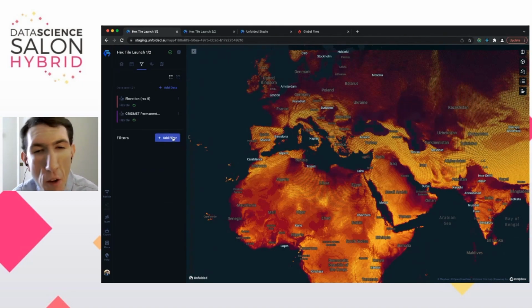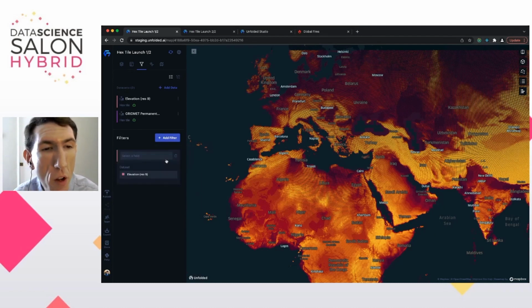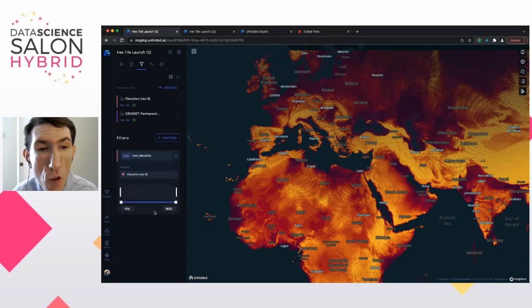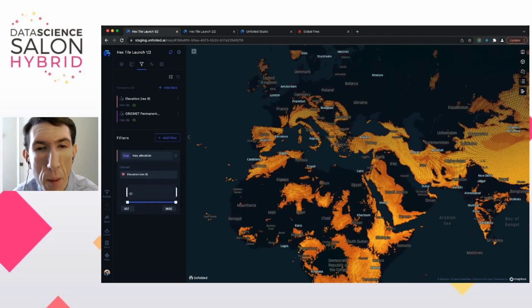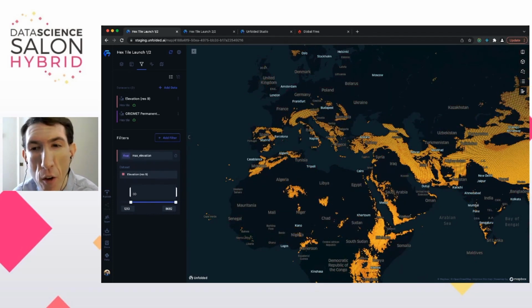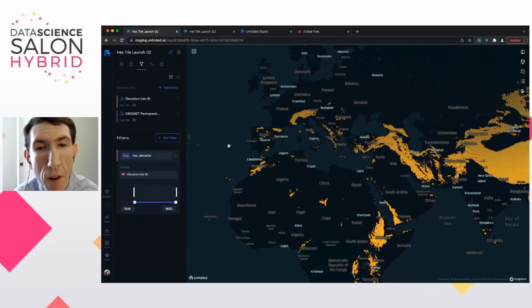And we're not just bringing a visualization of this data set to the browser, but we're actually bringing this analytic data straight to the browser. So I'm actually able to do all the things that I would do in Unfolded Studio with this data set, such as do filtering and actually get real-time feedback from the application about which areas, for example, have a higher elevation.